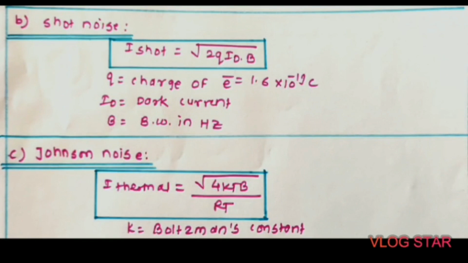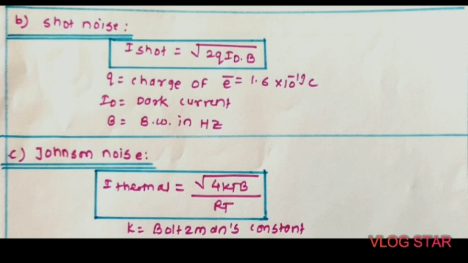Second type of noise is shot noise. The ambient light where the photodiode is placed is called background radiation. This causes some photocurrent to flow because of thermal generation of electron hole pairs in the depletion region.